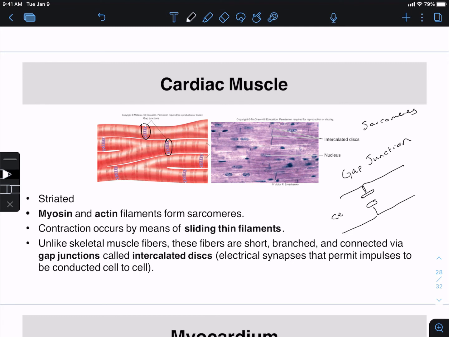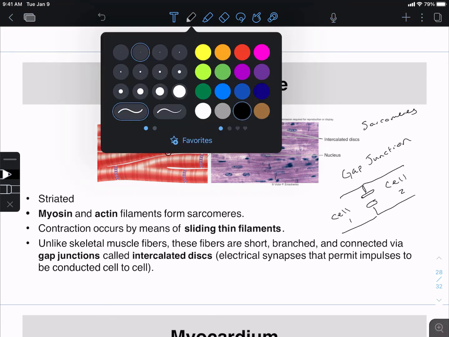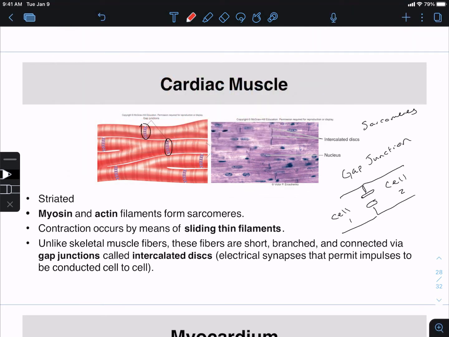So this would be cell 1, this would be cell 2. And they allow for the very rapid movement of ions. In this case, the ion we're interested in is calcium, and it's going to move between the cells from cell 1 to cell 2 very, very rapidly. That's actually how single unit smooth muscles work as well.